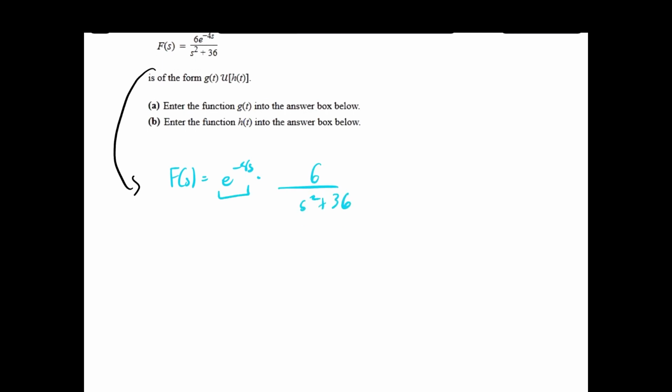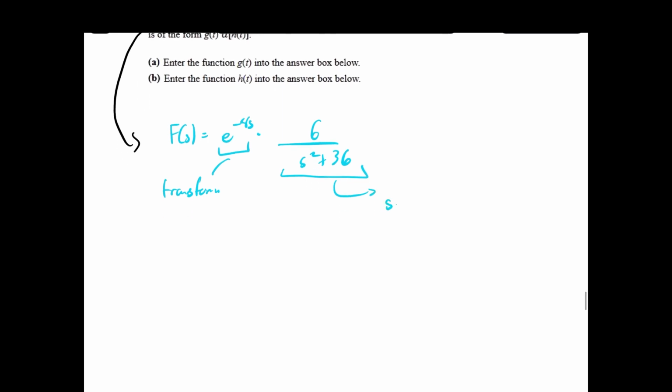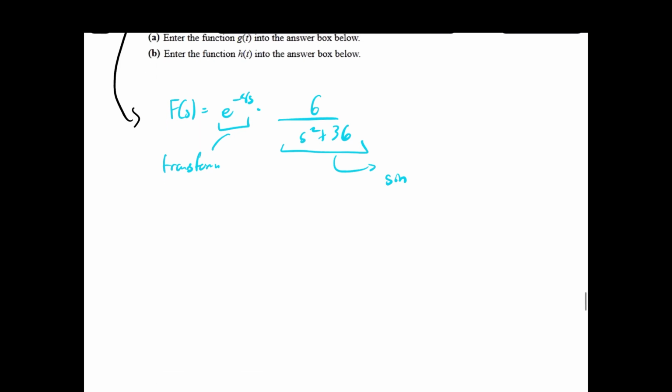My handwriting dropped off so much. So I have F at s equals e to the negative 4s times 6 over s squared plus 36. It's very easy to see that this is a transform, and this part right here becomes sine. If I refer back to my sheet, sine is the one that just has the k up top.